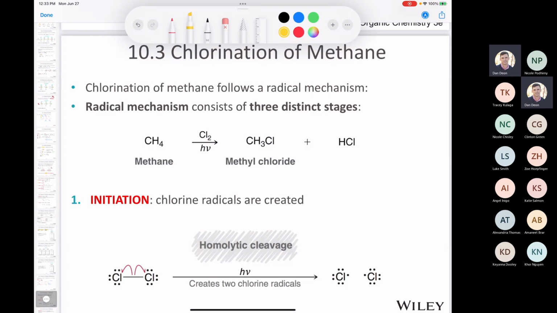What is the chlorination of methane, first of all? Well, methane, hopefully you remember from chapter 4, is the simplest possible hydrocarbon you can have. It's just plain old CH4. If you take methane gas and you treat it with chlorine, just Cl2, and you add some light, because you know that light helps to initiate a radical mechanism, what you end up doing is, here you have 4 bonds to hydrogen.